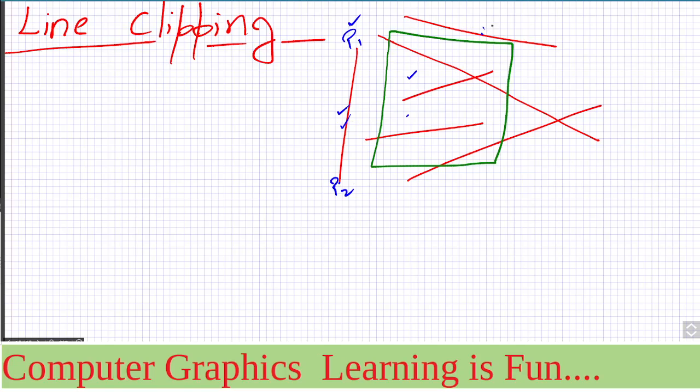Similarly, for this line, suppose it is P3 and P4. If P3 and P4 both are outside the window, in that case this line is totally outside the window and need not be considered. However, for this line, you see, one endpoint is outside the window, another endpoint is also outside the window, but still it crosses somewhere through the window.